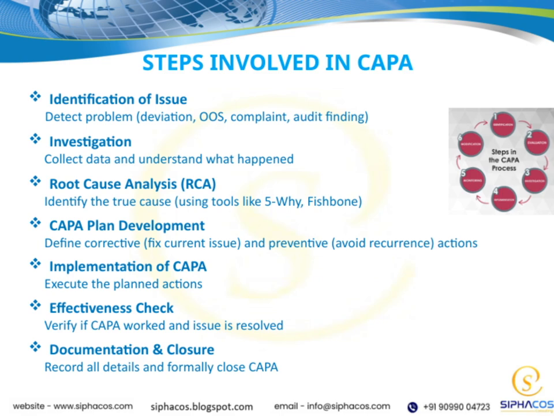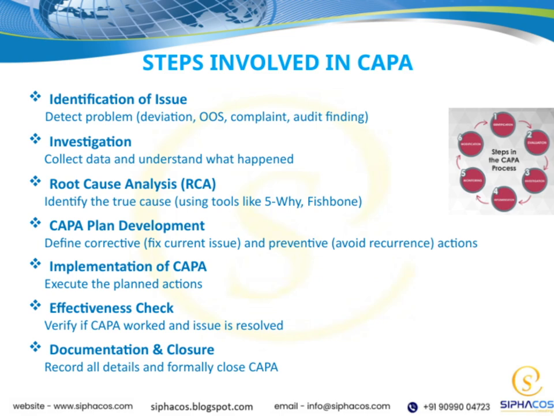Next, we need to verify if our CAPA has worked. This means checking whether the issue has been resolved and whether the corrective actions are effective. Finally, we document all the details of the process and formally close the CAPA. Proper documentation ensures transparency and helps us learn for future improvements.